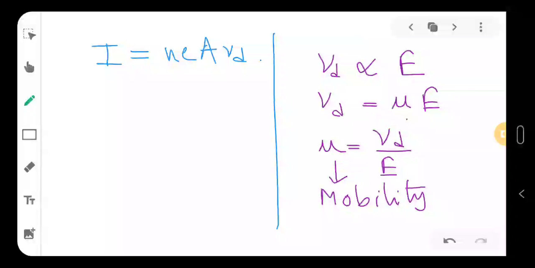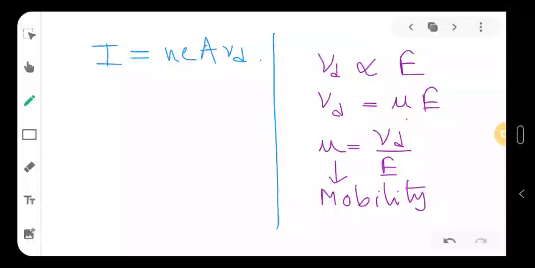If you talk about a proton or heavier ions, the whole atom can move, so the mass is higher and in that case mobility will be less.